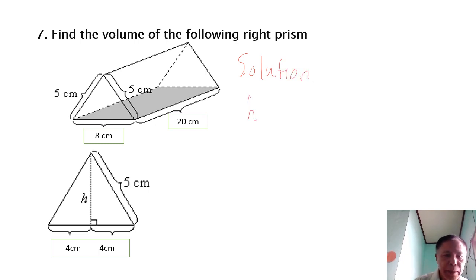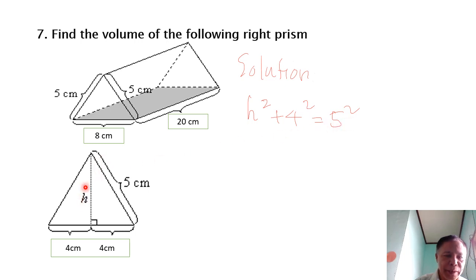8 squared plus 4 squared equals 5 squared. This comes from this triangle: you have 4 centimeters, this one is 8, this one is 5.